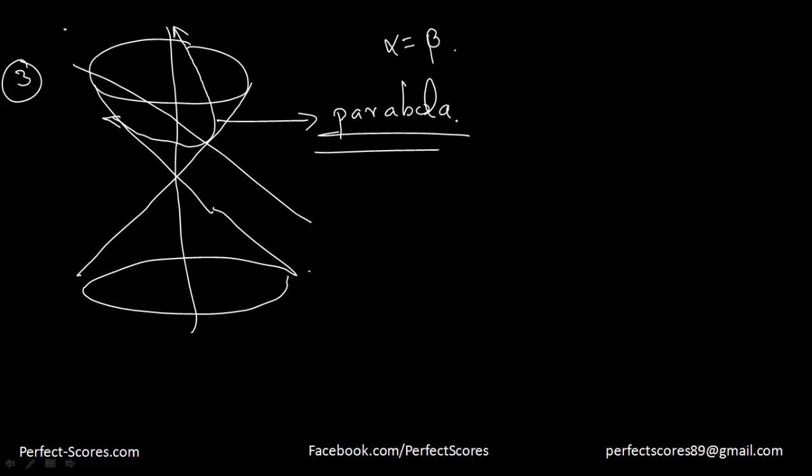We're going to be discussing more about parabola and all these things in future videos. Right now, you should know that when I make a cut where alpha is equal to beta, so this is alpha, and this is beta here. Beta is the angle between the cut and the vertical line. So you can clearly see that this is a parabola.